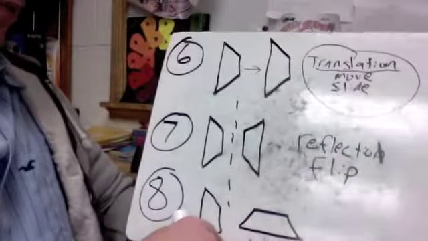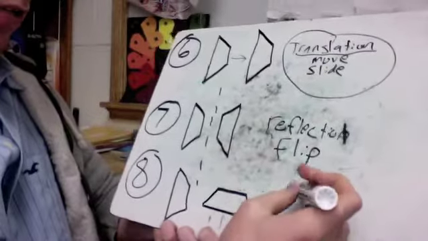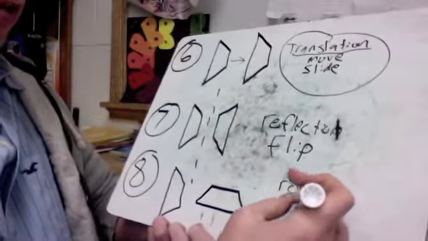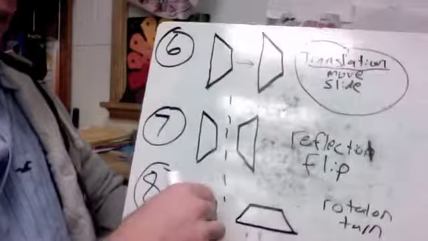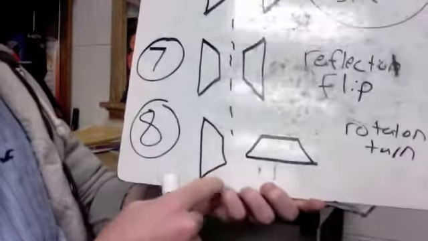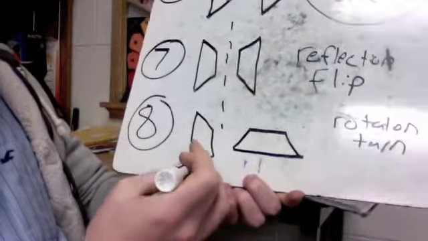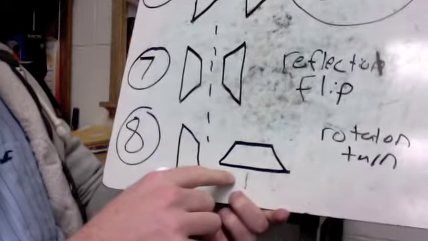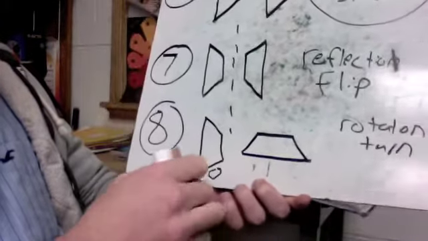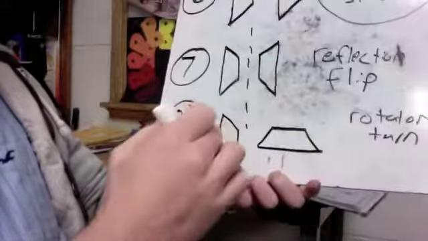Last, this one is definitely going to be a rotation or a turn. We rotated this shape. If this is the normal shape and this is at 0 degrees, to get to this shape right here, we could do a counterclockwise 90.